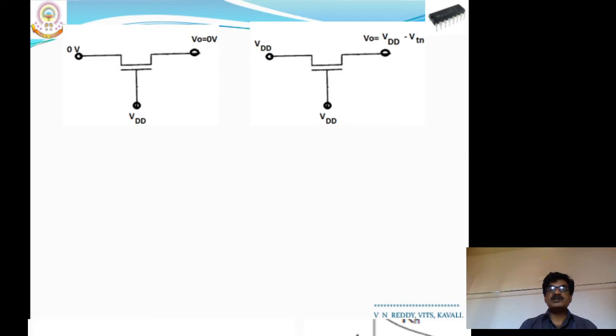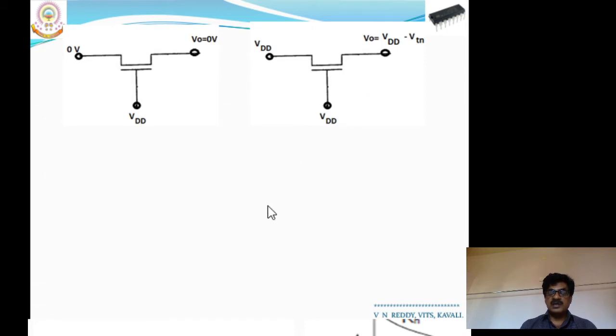Perfectly means whatever the amount of voltage for logical low value at one end, the same amount of voltage you can observe at the other end. So in the logical low case, it is a perfect transmission, but in the logical high case, there is a voltage degradation. So that's why the conclusion is the NMOS transistor is good at passing logic 0 value but poor at passing logic 1 value.